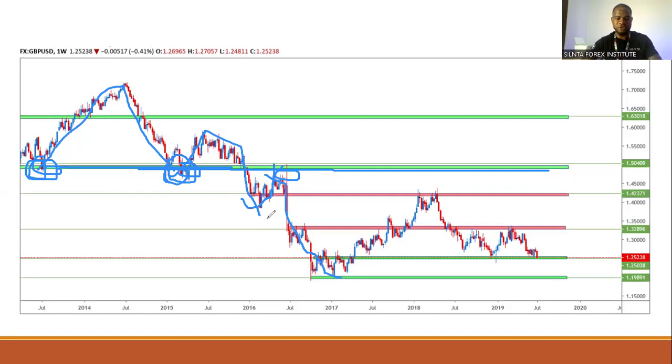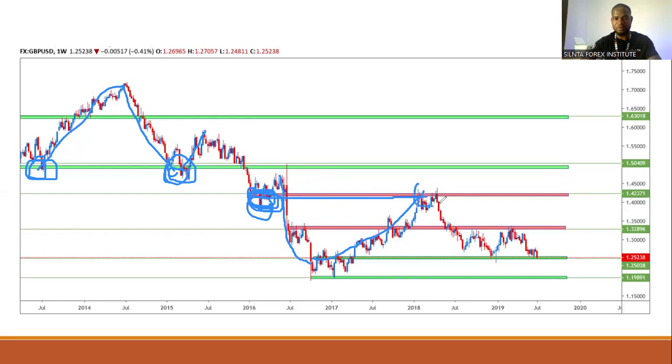The same here, you will identify another support. This was a support, and when the price violated that support and came back here, it respected that support, but in an opposite manner. That support became a resistance, and the price started to sell down.